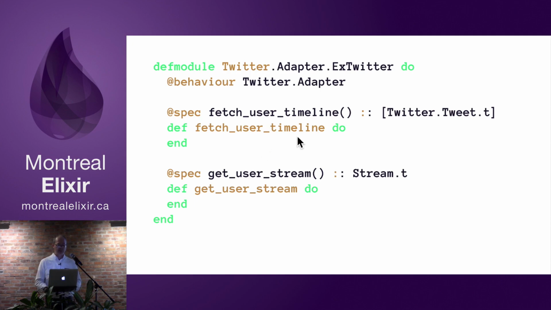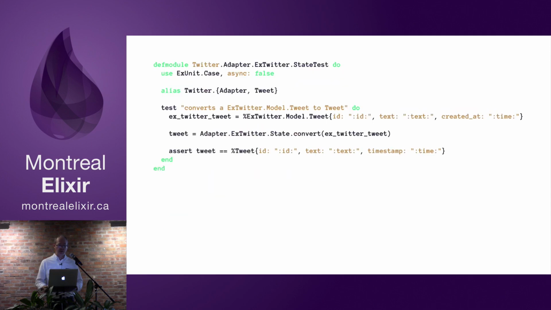So it's implementing the behavior that we saw earlier, the Twitter adapter behavior, and we have two functions. The function needs to return a list of tweets, and the other one needs to return a stream. So right now, it's not doing much. Let's add some code in there.